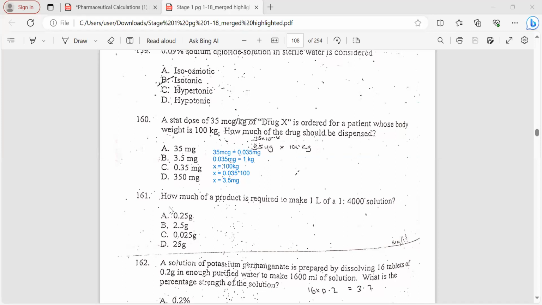And then we want to know how much of that is in a liter. So a liter is 1,000 mLs. So if 1 ml of that drug is in 4,000, how about in 1,000 mLs? Unapata ngapi? Whoever has done that.